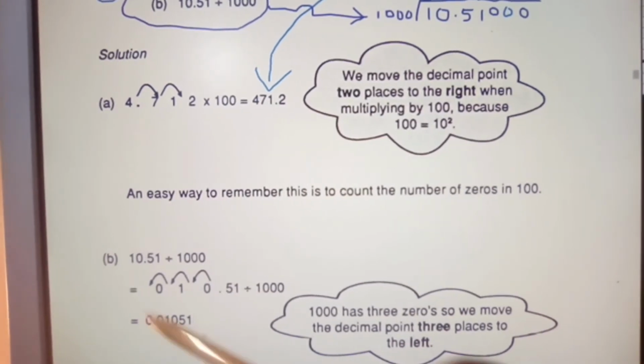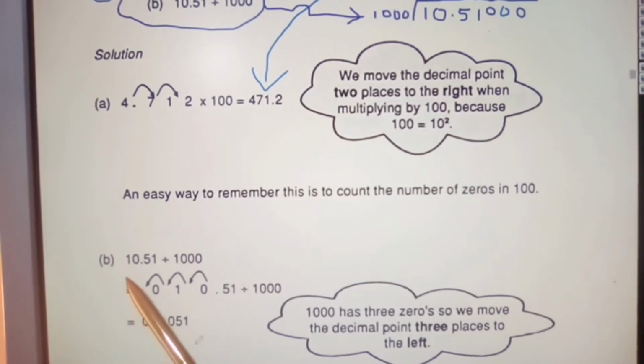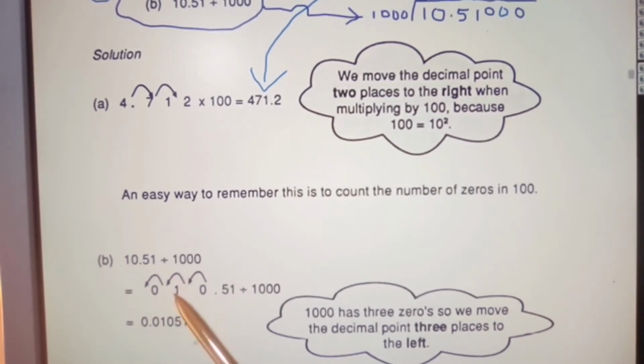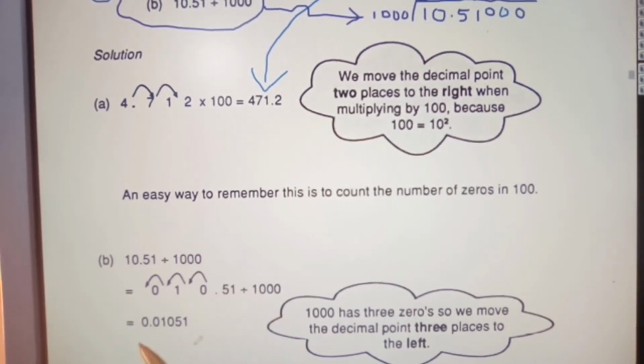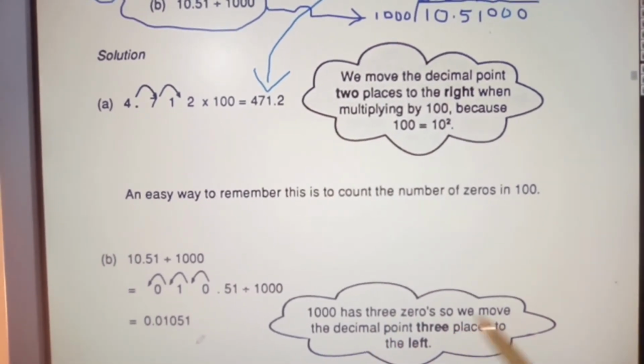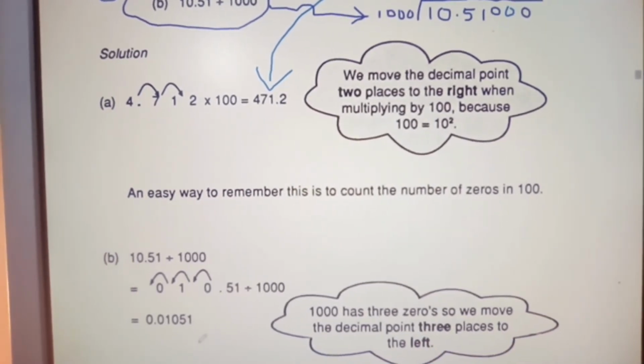We then look at an easy way to remember this, which is to count the number of zeros in 100, and we can then apply this to 10.51 divided by 1,000, and we can move the decimal places accordingly. That will give us an answer of 0.01051. 1,000 has the 3 zeros, so we move the decimal point 3 places to the left.